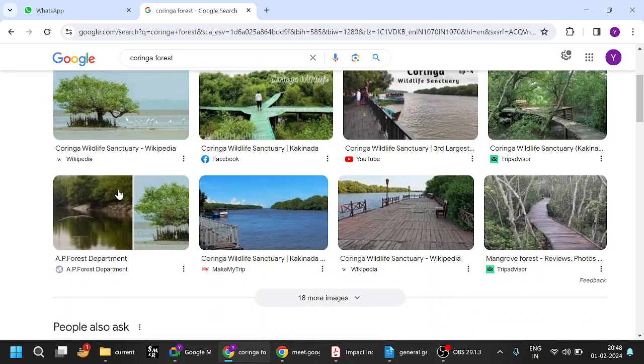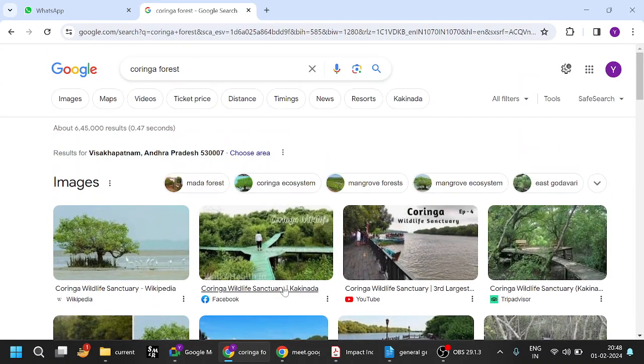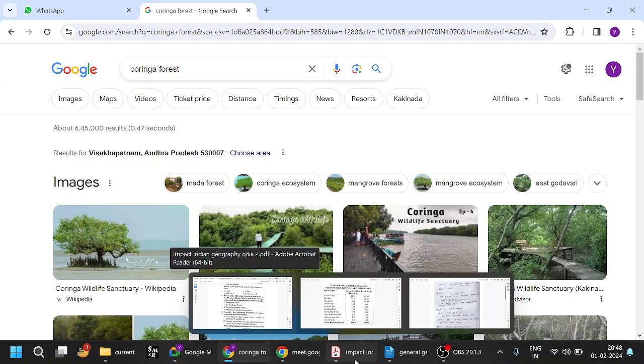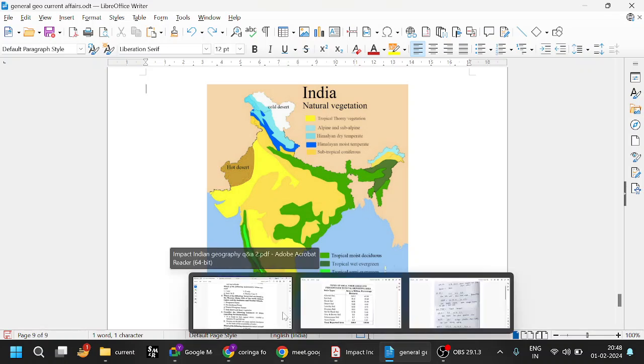Mangroves grow from the salty soils. So Koringa Wildlife Sanctuary near Kakinada is an example of mangroves in Andhra, and Sundarbans are the largest mangroves in the whole world. Sundarbans are found both in West Bengal and in Bangladesh. Most of it is in Bangladesh, but there is also some in West Bengal.